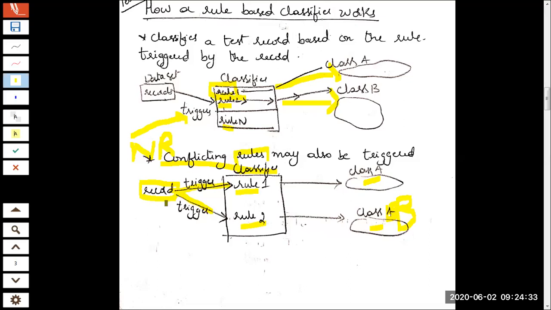This record is satisfying both rule 1 and rule 2. So the conflict is whether the classifier should put this record in class A or class B. So now we have a conflicting situation, and we have many solutions for this. We'll see what the solutions are for these types of situations.